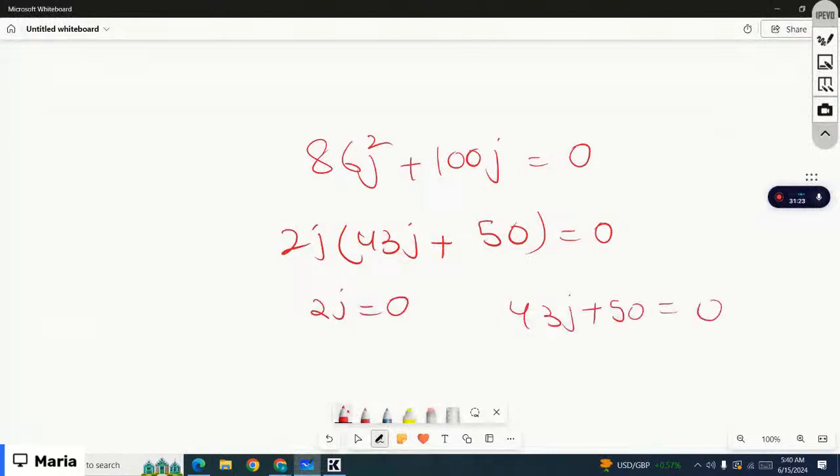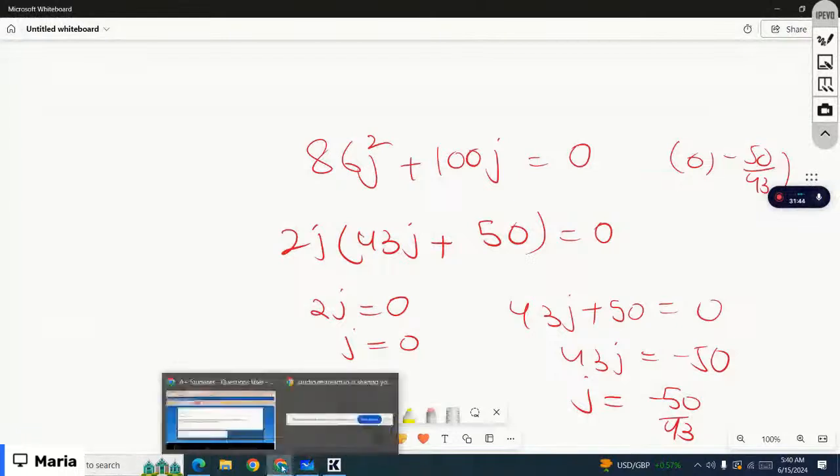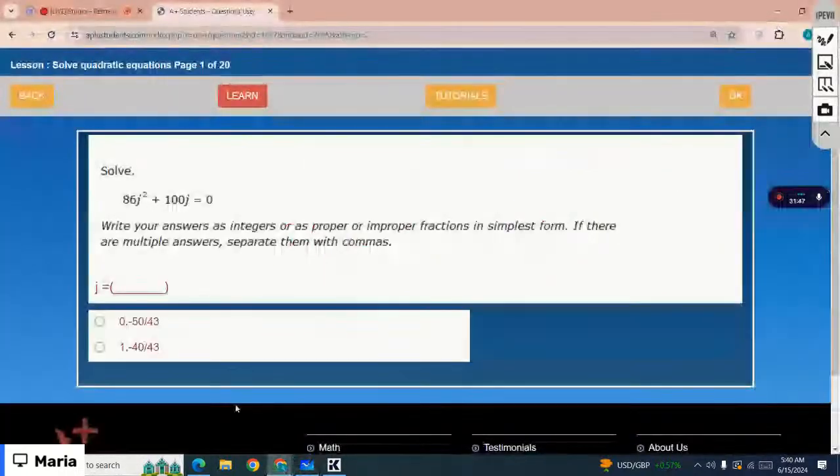So 2j equals 0 means j equals 0, and 43j equals negative 50, so j equals negative 50 over 43. So you have two solutions: 0 and negative 50 over 43. Got it? So the correct option is 0 and negative 50 over 43. Option number 1 is the correct option. Got it?